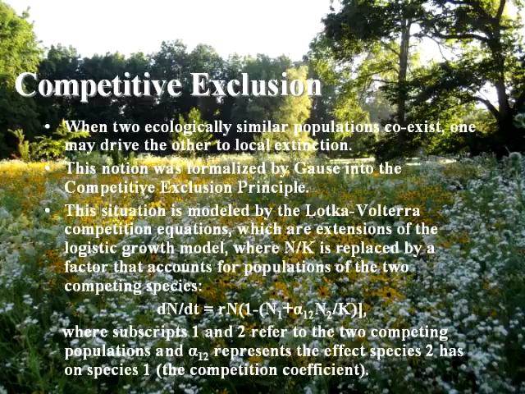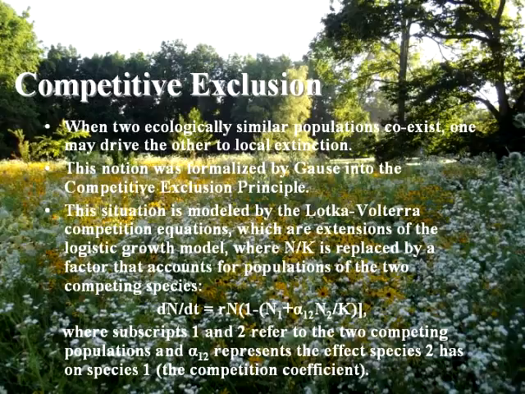except that in this case we take into account the interaction of two species, species 1 and species 2. So N1 refers to populations of species 1, N2 refers to populations of species 2.